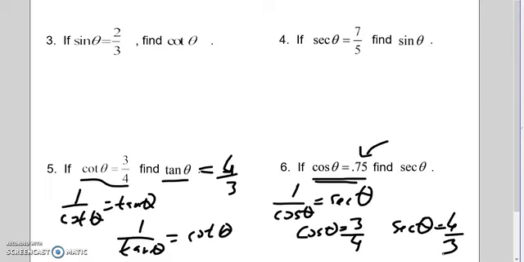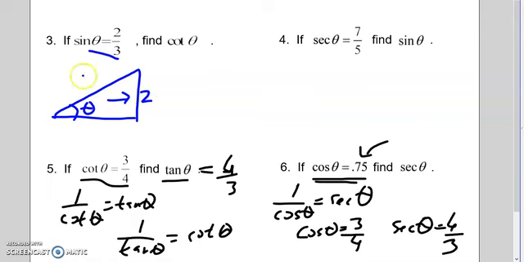Now in those cases, we have to draw the triangle here, like this. Let's call this our theta. Then sine of theta is 2/3. That means opposite over hypotenuse is 2/3.